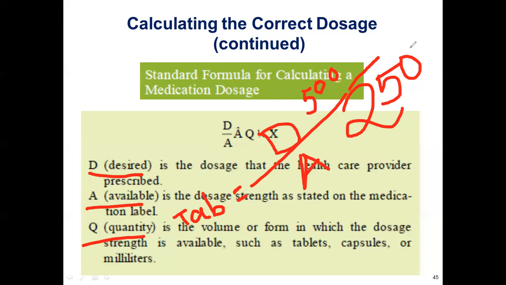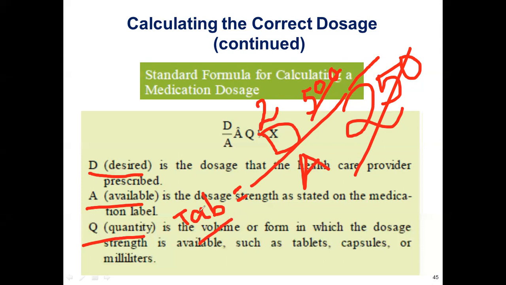So if you divide the desired amount by the amount you have, you get 2, and this is the 2 tablets you need. So this is called the desirable formula calculation.